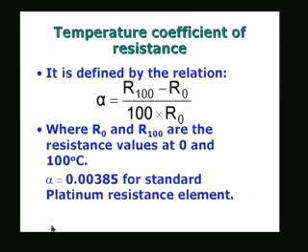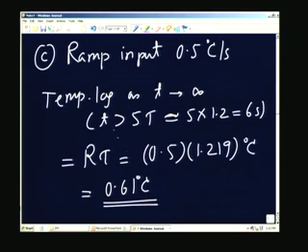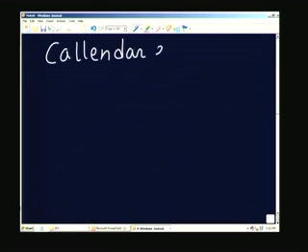And this aspect I will cover on the board. I will give a little discussion on that, and I will indicate how we are going to take into account this non-linearity by looking at what is called the Calendar equation. I will derive this equation in a very simple fashion. I will indicate the steps.